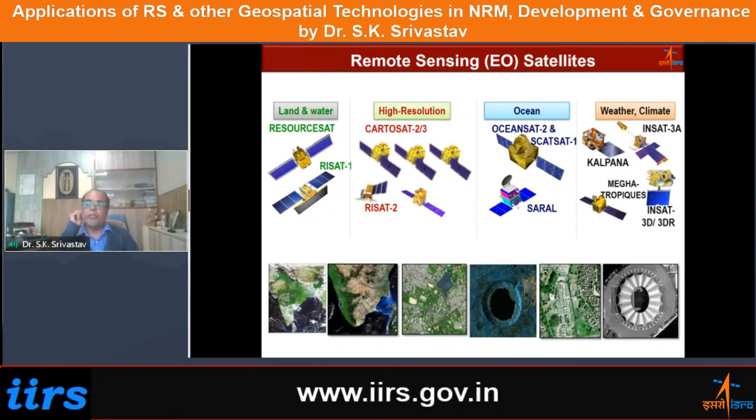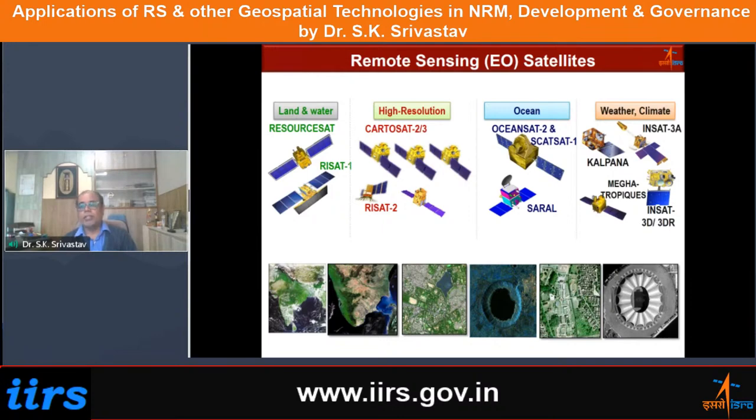We also have the microwave remote sensing satellite, known as RISAT, or radar imaging satellites, which are essentially meant for land and water related applications. If you aim for high resolution mapping for cartographic applications, large scale mapping, etc., then we have the Cartosat 2 series of satellites, or from the radar side, the radar imaging satellite 2, which has a higher spatial resolution.